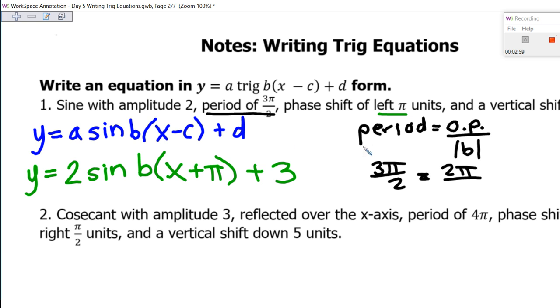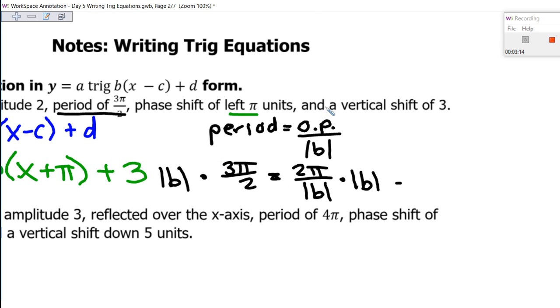We need to divide that by the absolute value of b. Now, solving that equation for b, the first step would be multiply both sides by the absolute value of b. I'll come over here to finish it out. So that gives me the absolute value of b times 3 pi over 2 is equal to 2 pi.